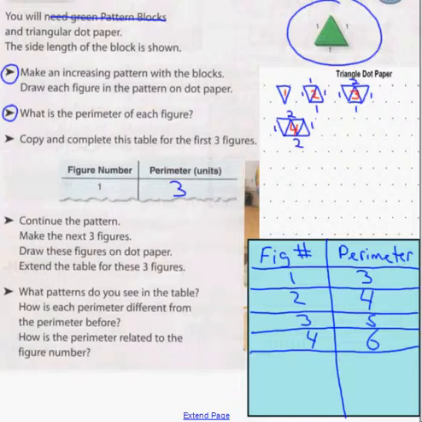If I do a 5th figure, I'm going to imagine that the perimeter is probably going to be 7, but I'm going to draw it out anyway just to make sure. There's 1 triangle, 2 triangles, 3 triangles, 4 triangles. Now I have to put a 5th triangle in there.